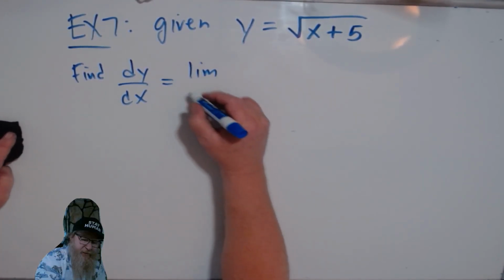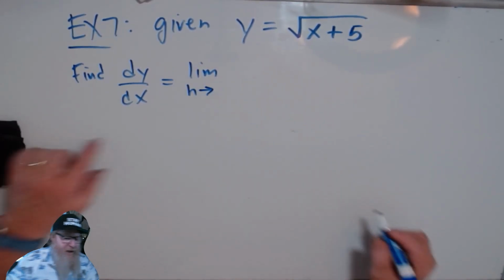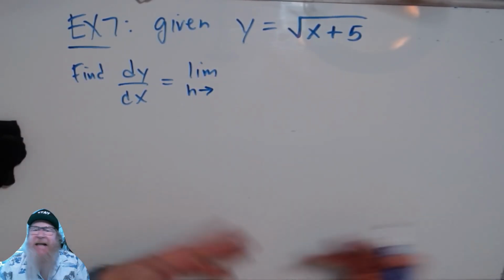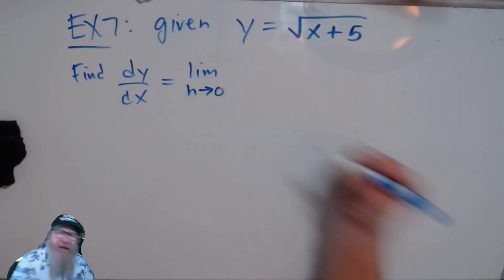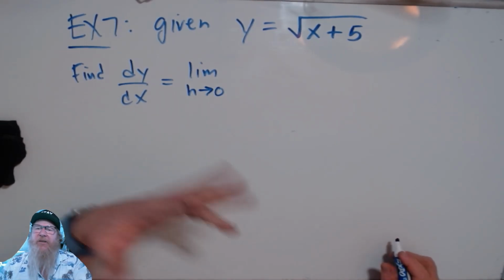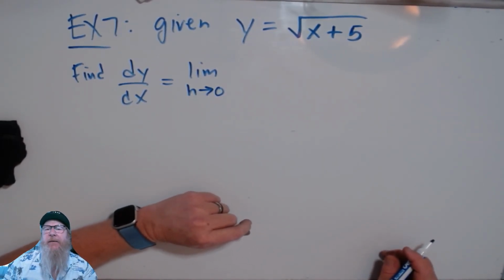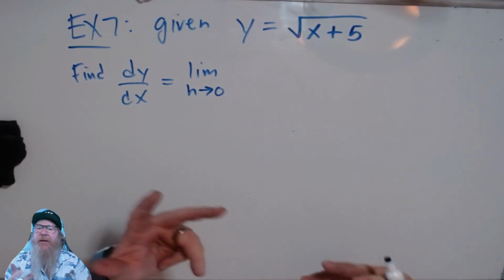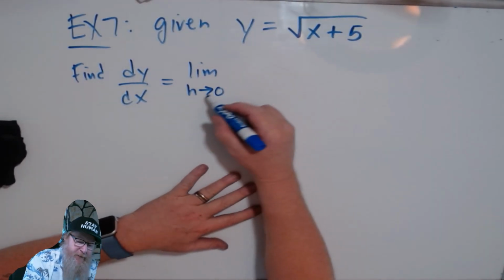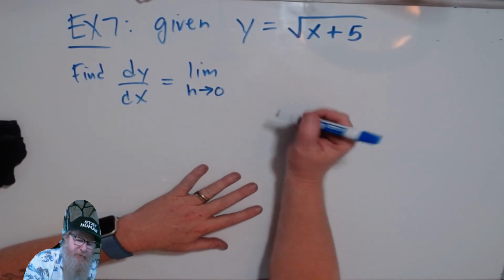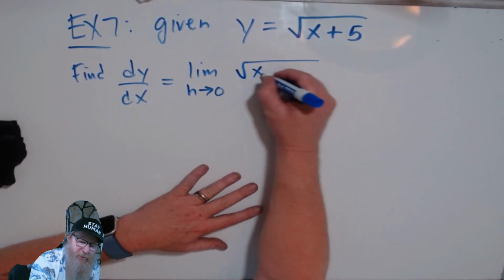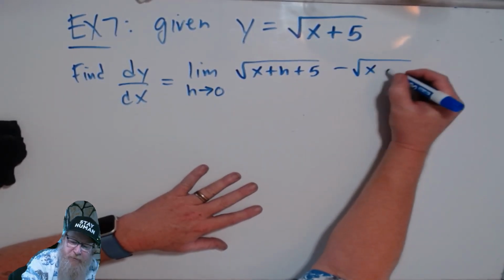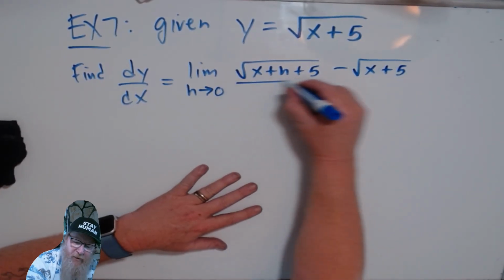So the limit. Now, if I'm finding dy/dx and I don't have an x value, the problem is not asking for any particular x value, then I really only have one way to do it, and that's the third definition or the third option. You can think of it all as the same object with 3 different ways to define it. So the limit as h goes to 0 of the square root of x plus h plus 5 minus the square root of x plus 5, all over h.